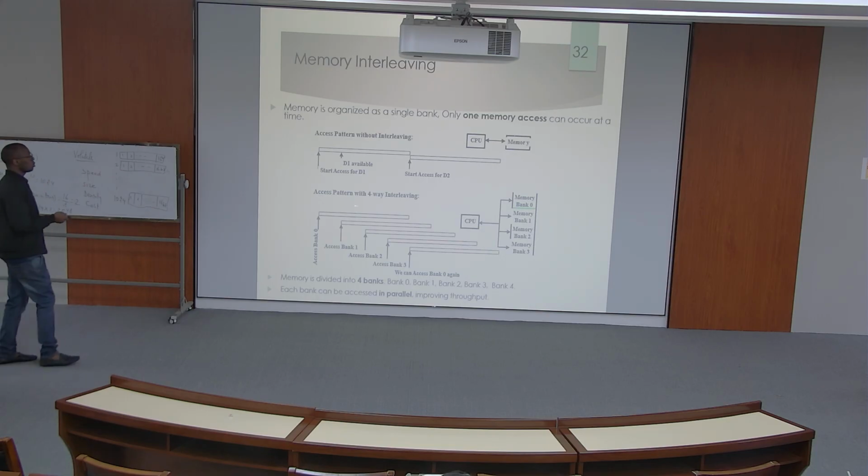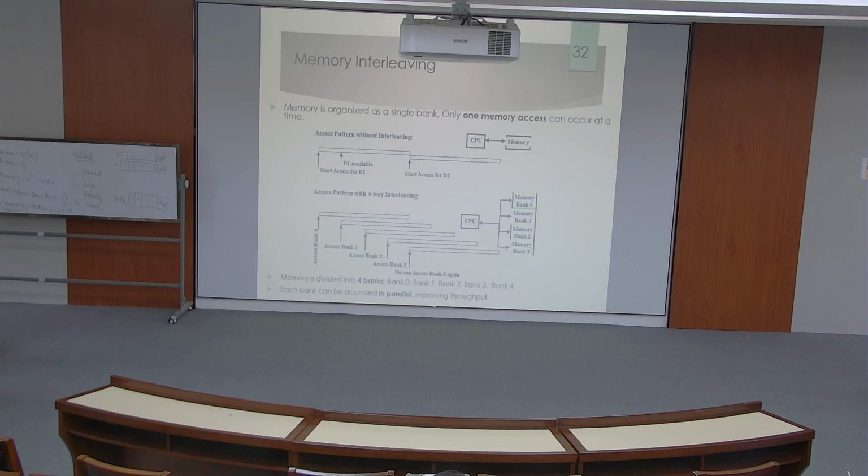To solve this issue, we need to organize the memory into different banks. For example, here we have 4 different banks: bank 0, bank 1, bank 2, and bank 3, and so on. This means each bank can be accessed in parallel. The CPU can access bank 0, and while accessing bank 0, it can also access bank 1, bank 2, and so on.